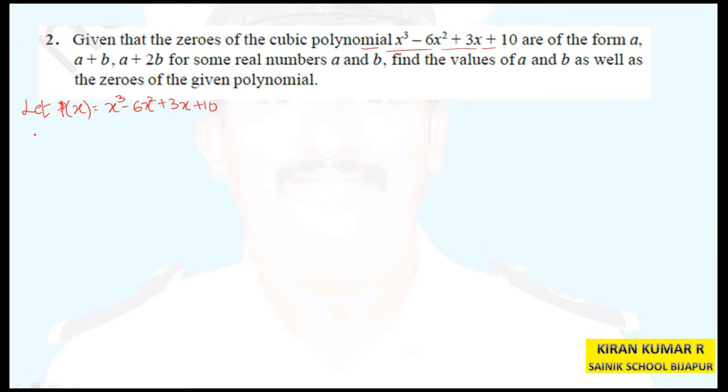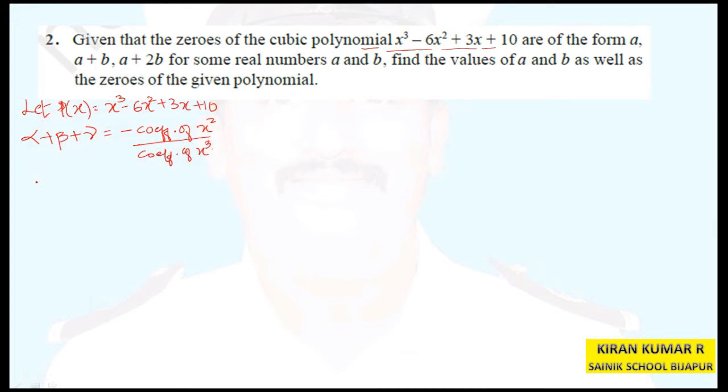Let me take the sum of the zeros. If alpha, beta and gamma are zeros of this polynomial, the sum is minus coefficient of x squared by coefficient of x cubed.